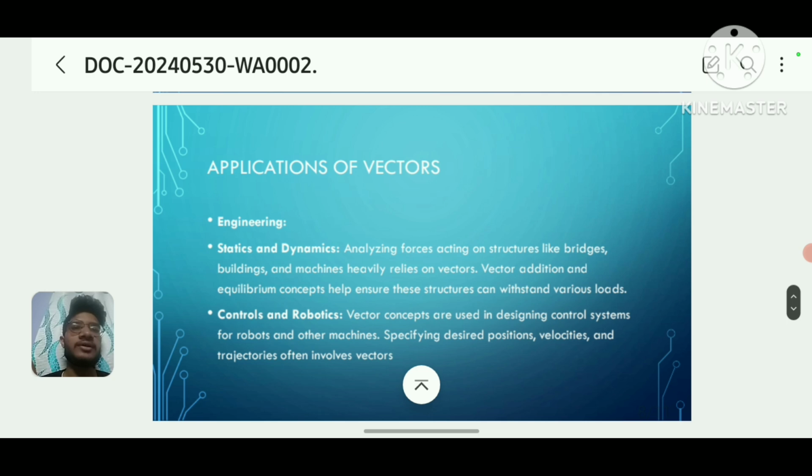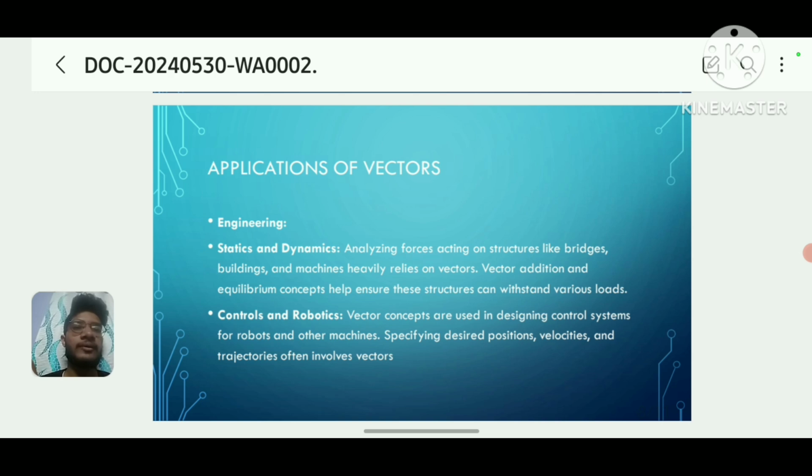And next we discuss the applications of vectors. In engineering, statics and dynamics, analyzing forces acting on structures like bridges and buildings relies heavily on vectors.